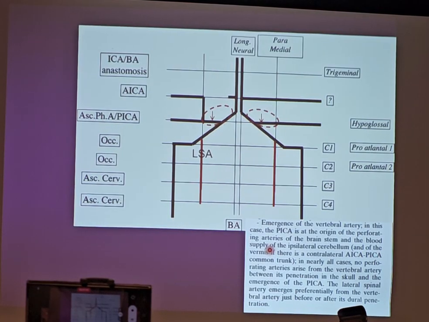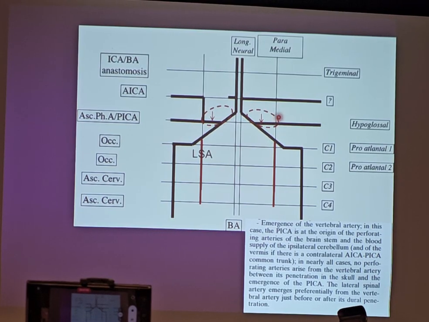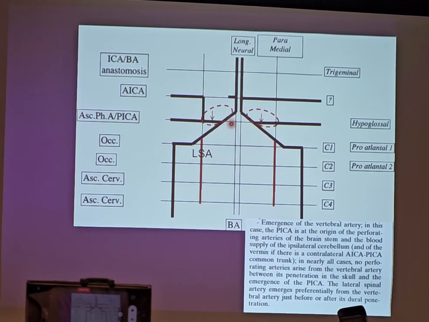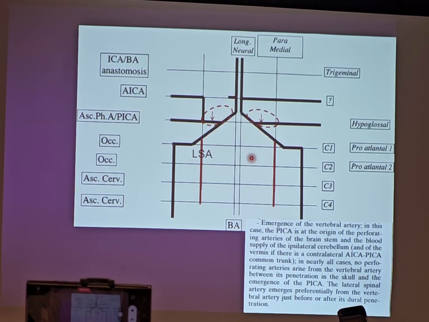I'm sure he is going to show the real anatomy in the dissecting specimen. The lateral spinal artery will be shown later on, but just focus on the perforators. So the usual one is the one close to the midline, and the regular PICA will for sure still be supplying the ventral perforators.